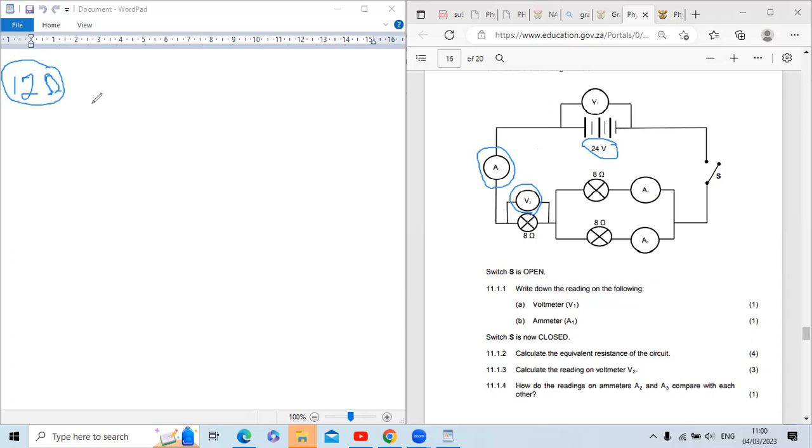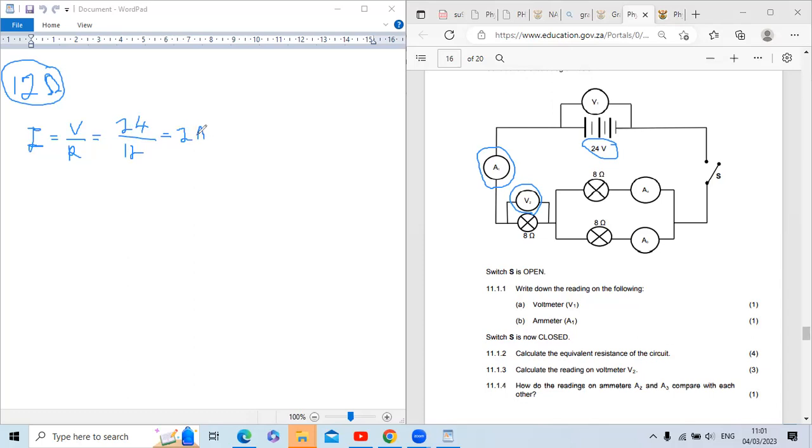And now when applying Ohm's law, we know that I is equal to V over R. And our resistance is 12, but our voltage is 24. And then we end up with 2 amperes traveling throughout the entire circuit.